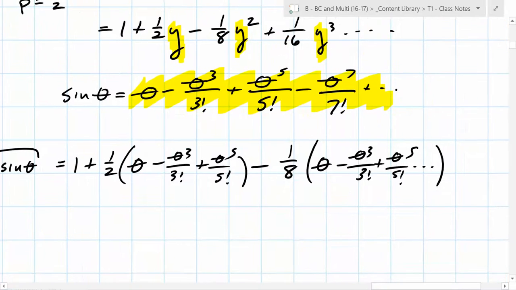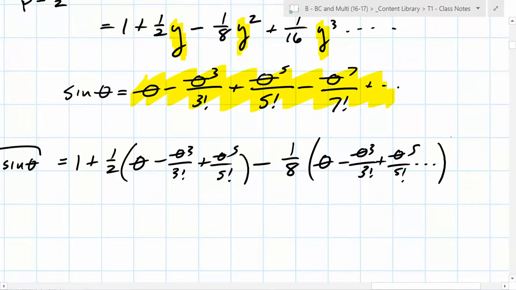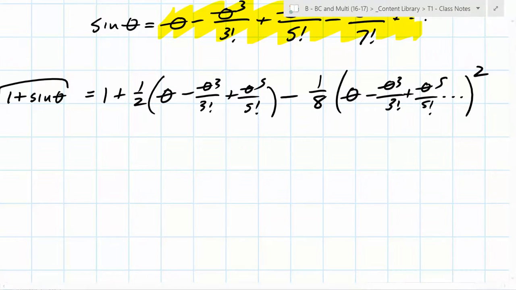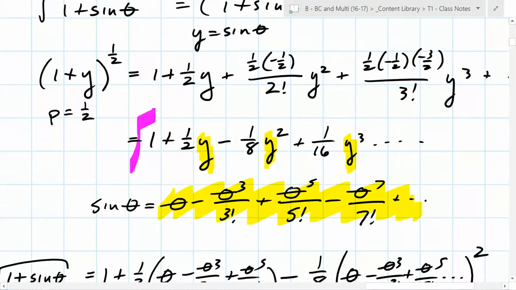To the what power? I'm plugging into the wrong one. Sorry, right there. Because we're plugging it into which one? The purple, right here. We're plugging it in there.